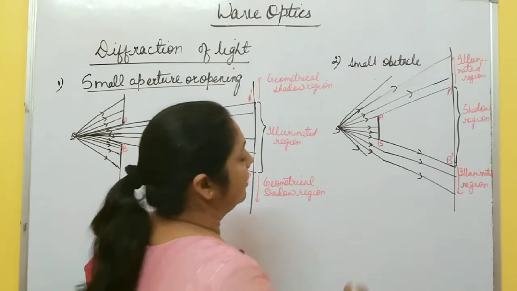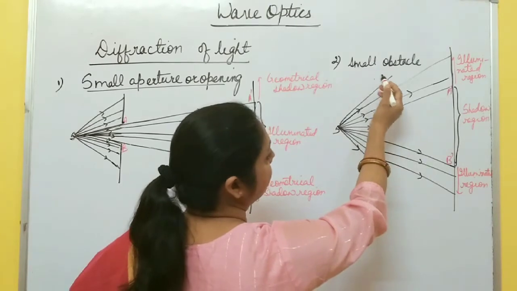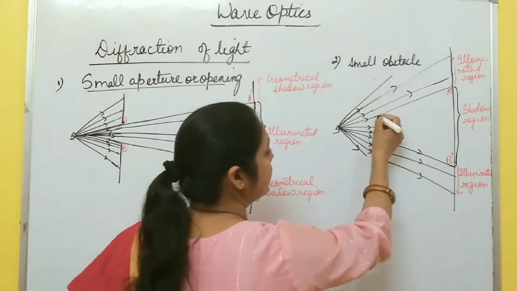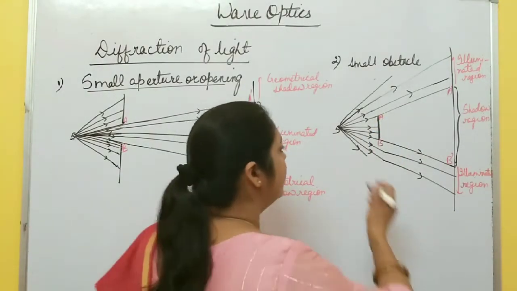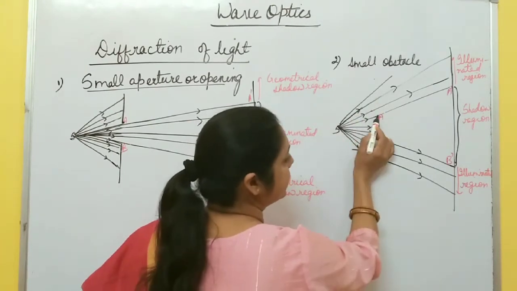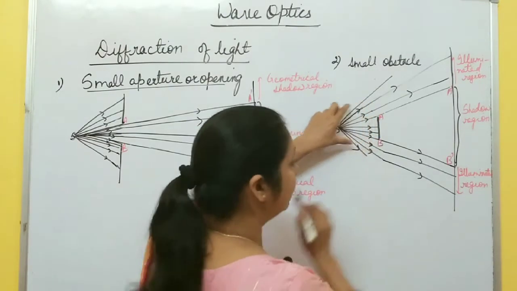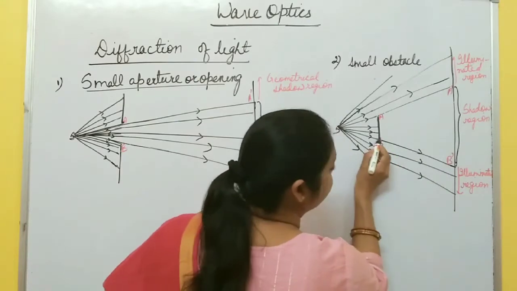Now let us observe another experiment, this small obstacle. This is a small obstacle or any opaque substance. When light travels in all possible directions and reaches this obstacle AB, light does not cross AB, right? So when light reaches this point A, it just goes like this, and at B it goes like this.